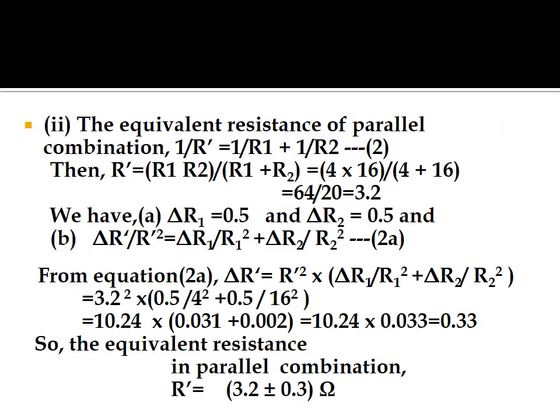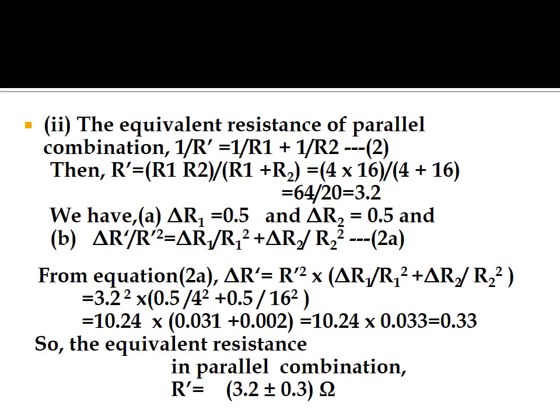And the second one is to find the effective resistance when these resistors are connected in parallel combination. We know that the reciprocal of the effective resistance of two resistors when they are connected in parallel combination, 1 by R dash, is equal to 1 by R1 plus 1 by R2, where R dash is the effective resistance of the two resistors R1 and R2.